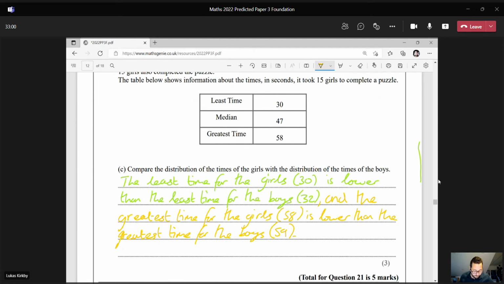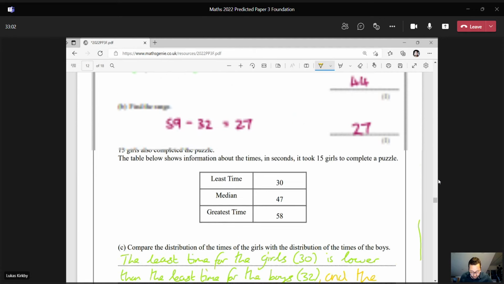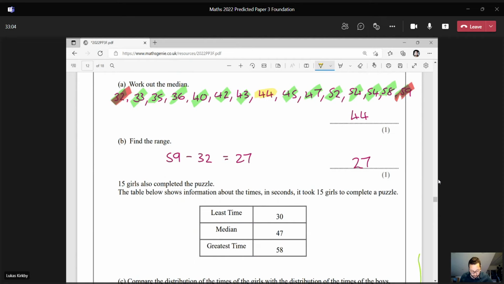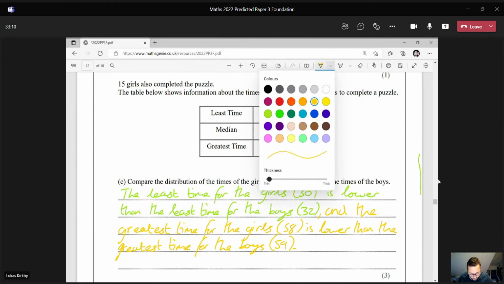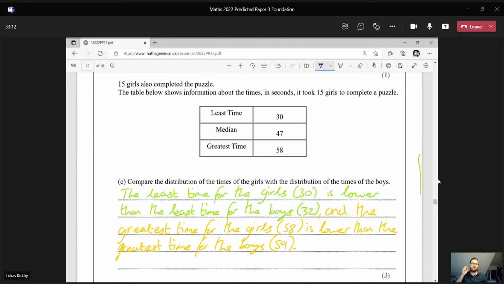Okay, and then finally let's just look at the median. So the median for the boys is lower than the median for the girls. So that's slightly new information, because overall the picture is that the girls have done better, but actually the median of the boys is lower.